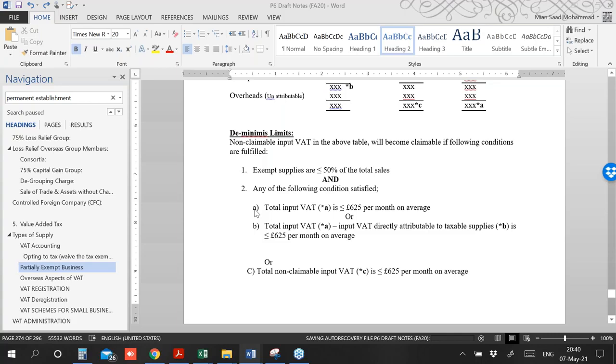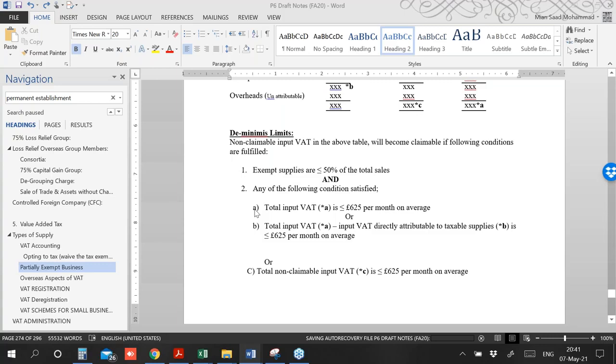So now moving on, what is the second test? The second test is that total input VAT less VAT directly attributable to taxable supplies. What do we mean by VAT attributable to taxable supplies? That expenses which you can directly trace that you have incurred those expenses on taxable supplies. For example, I'll give you an example of a business who is partially exempt.